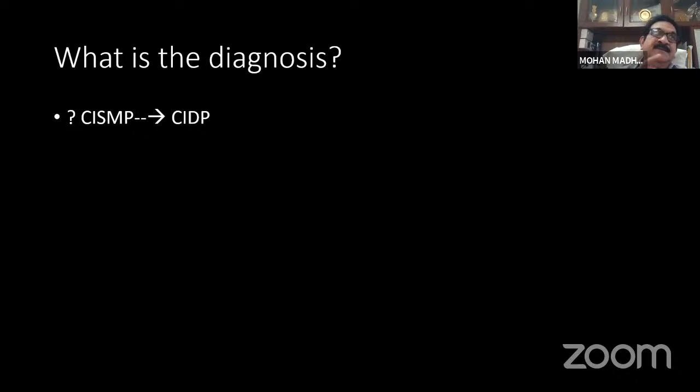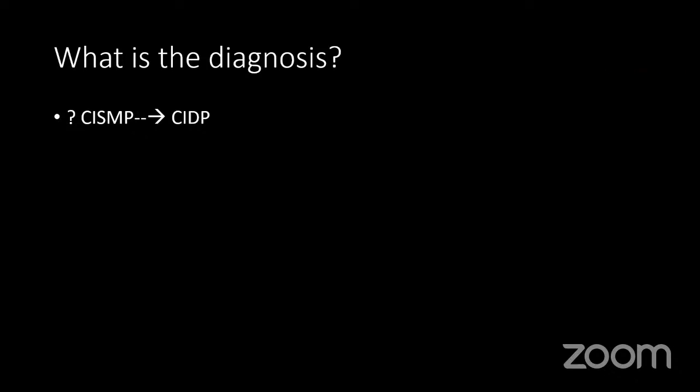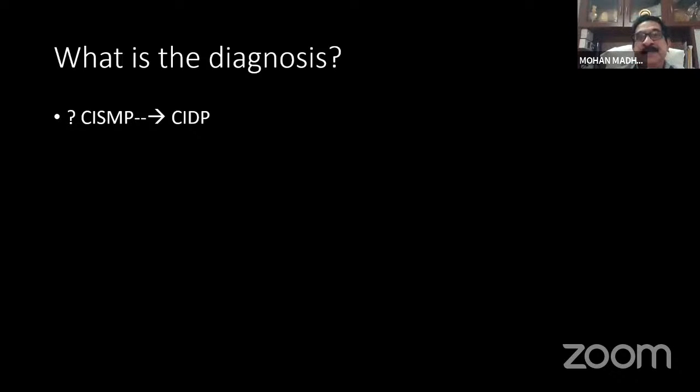Another thing you remember, when Joy was telling, in CIDP the lesion is in the roots or proximal part, where your sensory conduction will be entirely normal. If it is a demyelination, unless the axons are lost in the distal part, you won't get an absent SNAP. Imagine a total demyelination of the root or the proximal nerve.